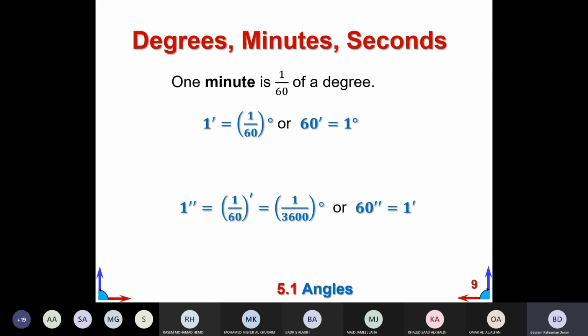Now, degrees, minutes and seconds. It is like hour, minute, and second for measuring time. For long times, we say hours. If it is too long, we say days.